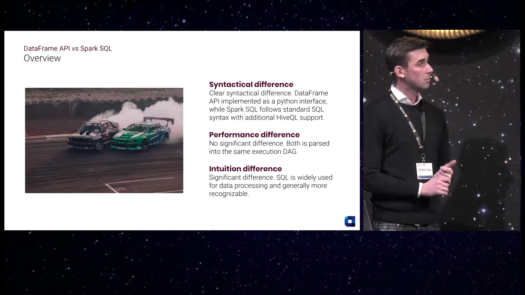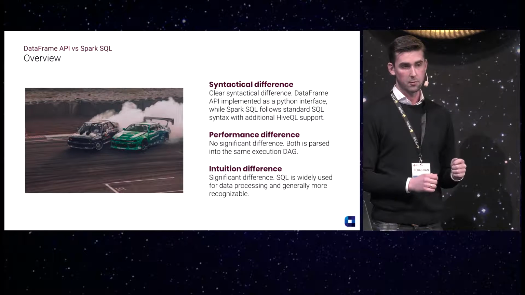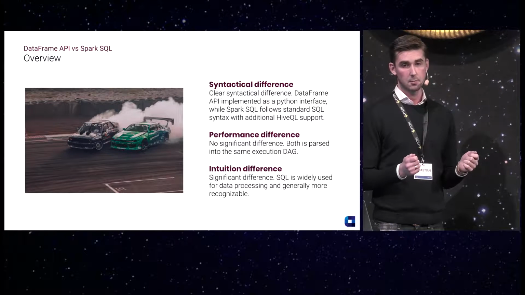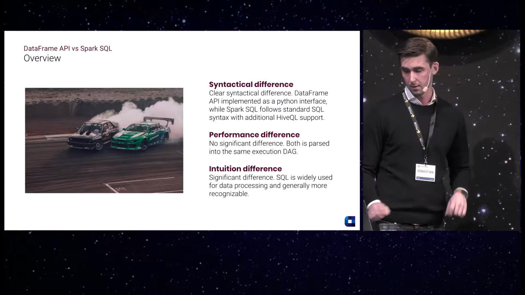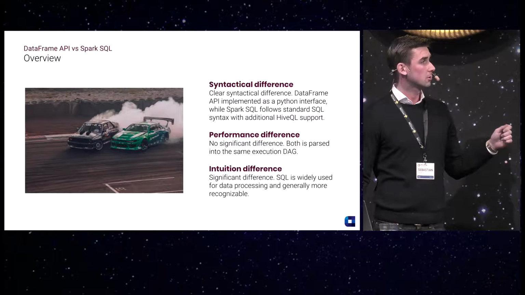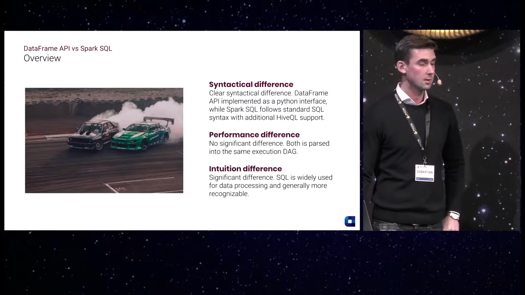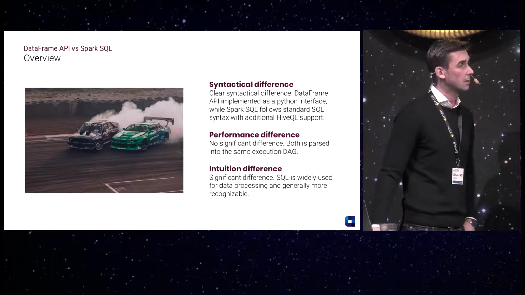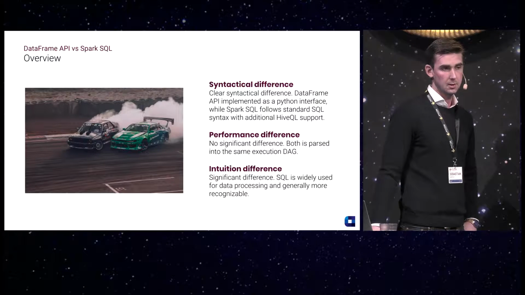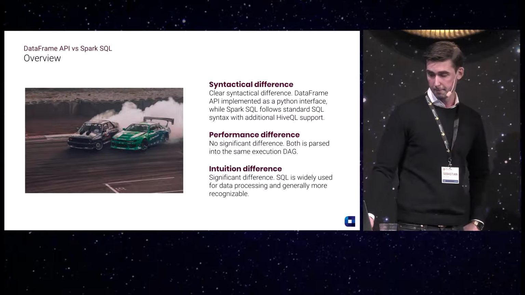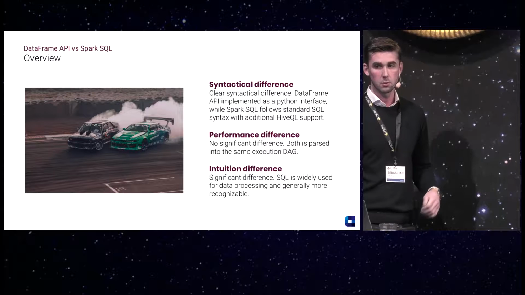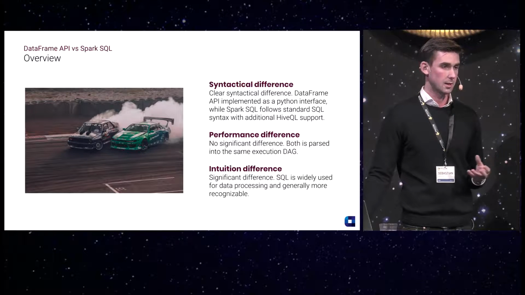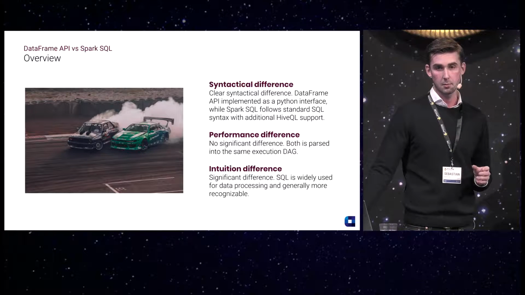However, there is no performance difference because both of them are parsed into the same DAG, basically. But I want to stress that there is a difference in intuition, because SQL is widely used for data processing and generally more recognizable. So a lot more people will understand SQL than this DataFrame API in Python.